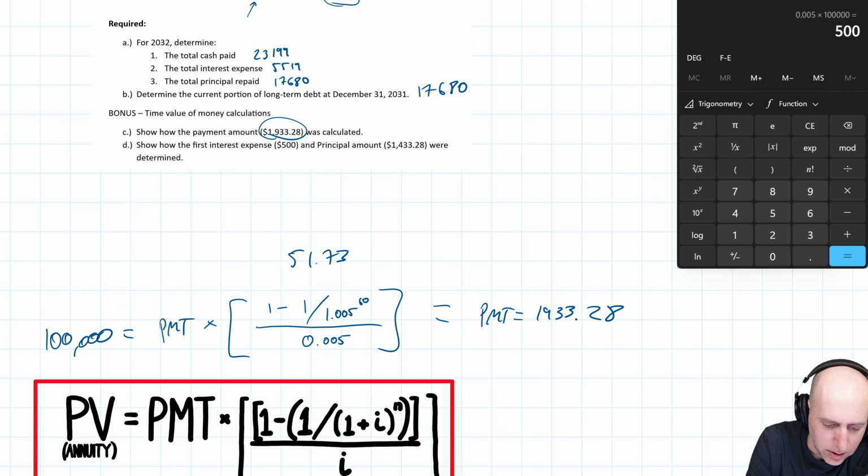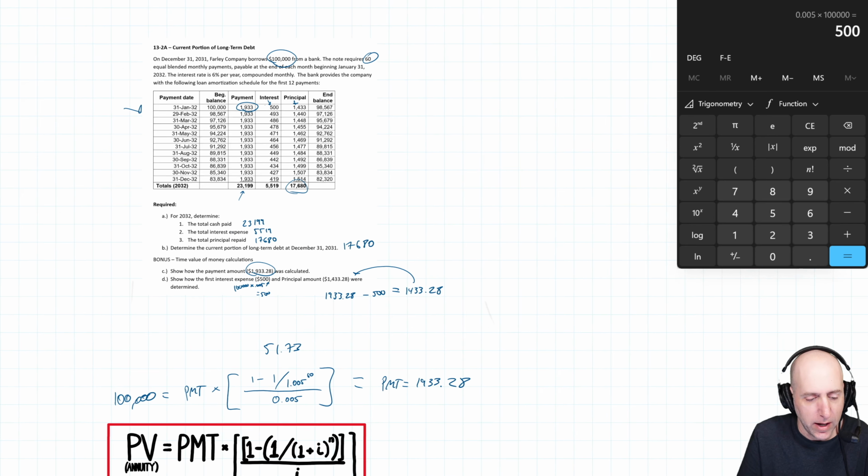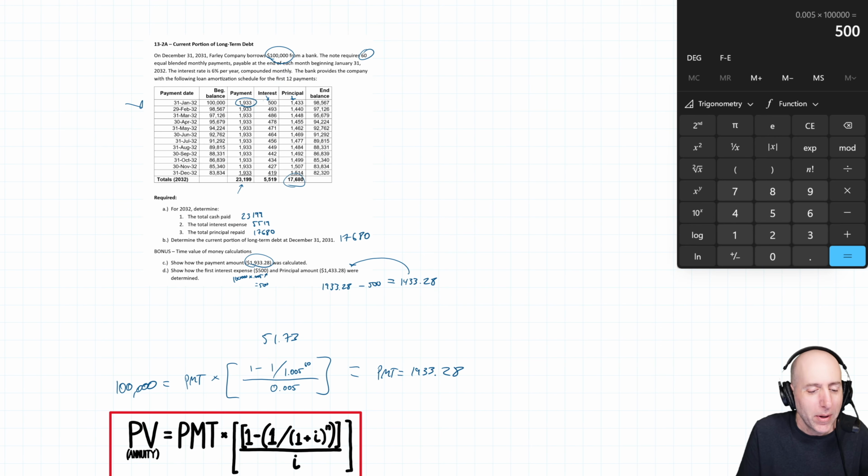There you go, 100,000 times 0.005 equals 500. What's the principal amount? If I'm paying 1933.28 and 500 of it is interest, how much is actually going to pay down the debt? Just the difference. That's how you get to 1433.28. A little bit of debt math, but there you go.